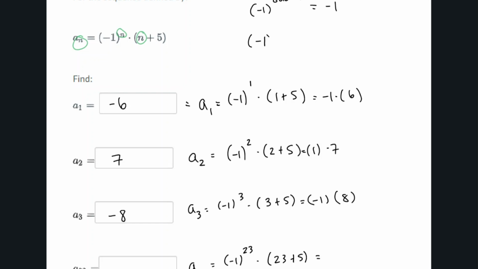And negative 1 to an even number exponent will end up being positive 1, because the even number can be paired into negative 1 times negative 1 is positive 1, and you can keep doing that because there's always going to be another pair to an even number exponent. As this is an odd number, I know this will become negative 1 times 28, and we get negative 28.